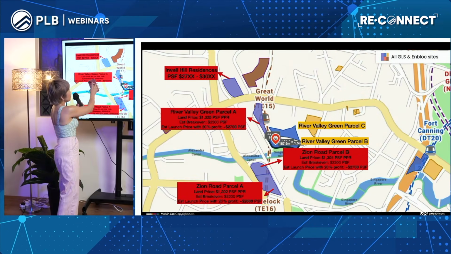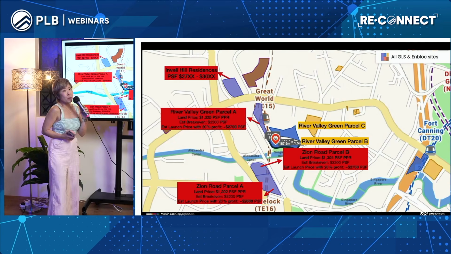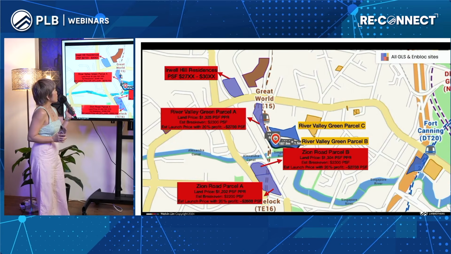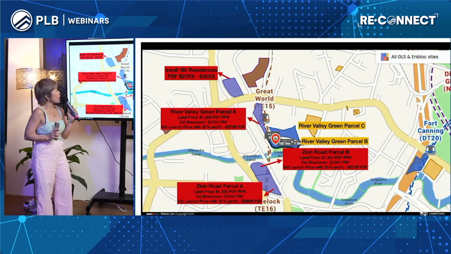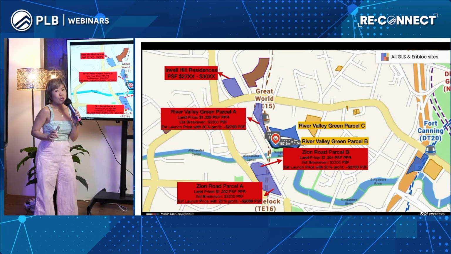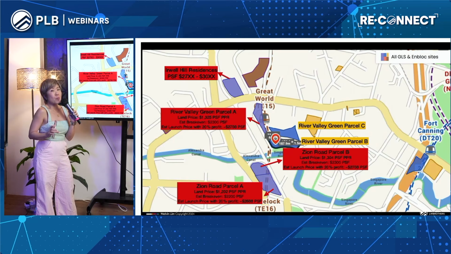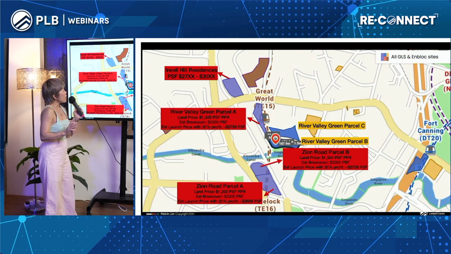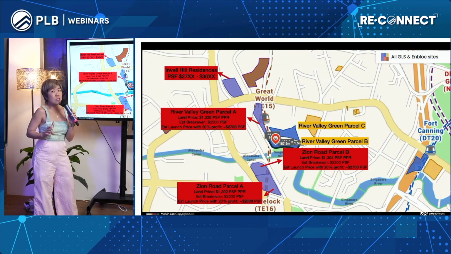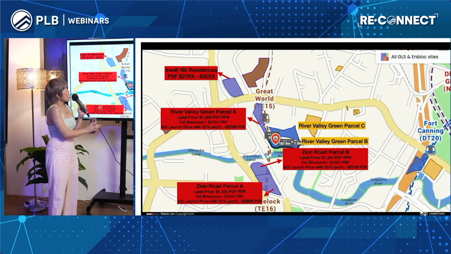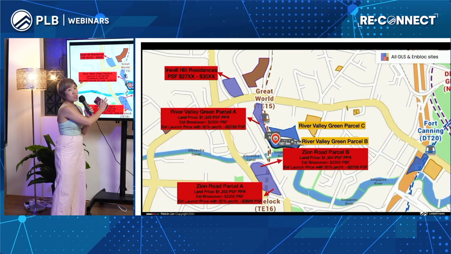This River Valley Green Parcel A is going to be launched end of this year under the project name River Green Condo. This plot of land is very convenient because it's built above the Great World City MRT station and is directly linked to Great World City through an underpass. It's a full residential development with about 380 units going to be launched.